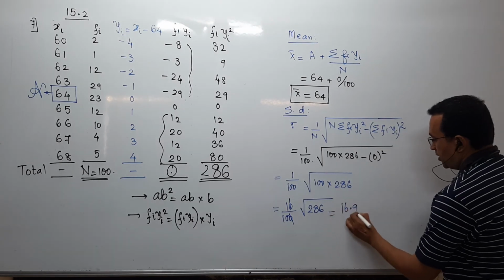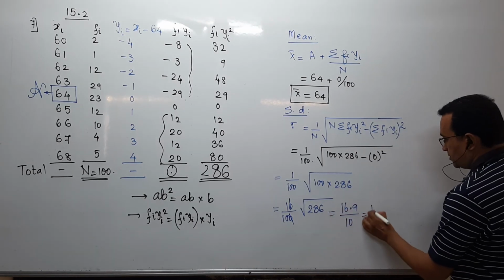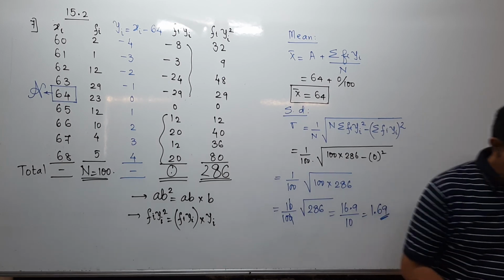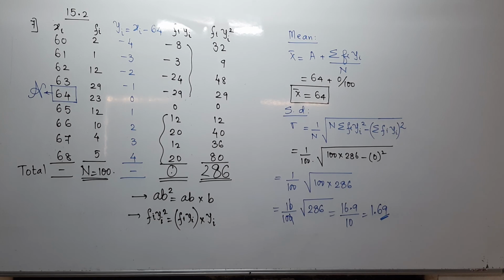So 16.9 divided by 10, so the answer is 1.69. So standard deviation comes out to be, students, 1.69.